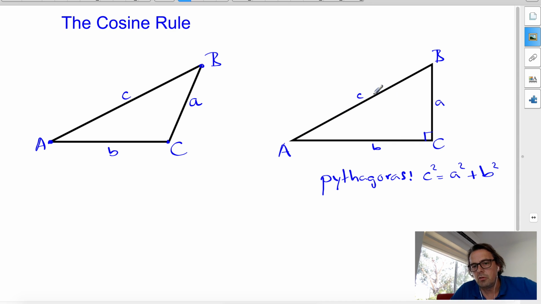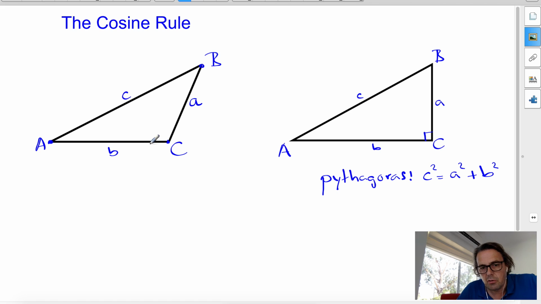The hypotenuse is the shorter side squared plus the other shorter side squared. That's what Pythagoras says. Now, this is not a right angle triangle. C is not a hypotenuse, and at A and B, there's no right angle there.